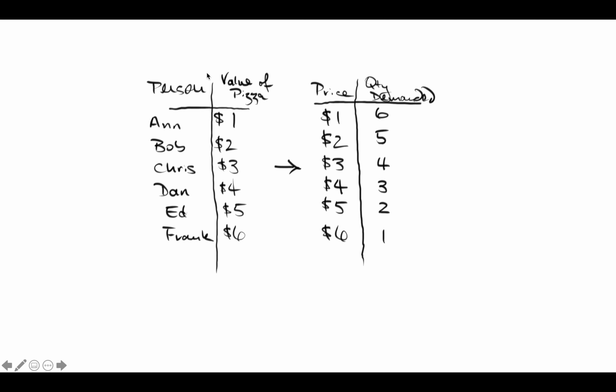The table on the left presents a small community with 6 people: Ann, Bob, Chris, Dan, Ed, and Frank. Each of them places a different value on eating a pizza for dinner tonight. Frank, for example, is super hungry. Frank loves pizza, and he considers a pizza worth $6 to him.